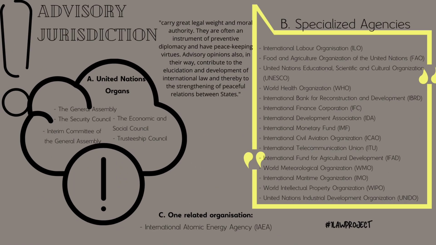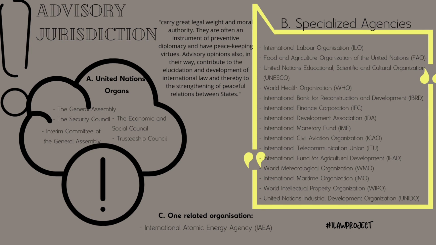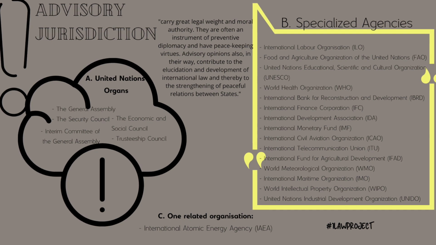We will then address the second function of the ICJ, which is in its advisory jurisdiction. The advisory jurisdiction of the ICJ is a special procedure available to UN organs and certain international organizations that allow the ICJ to provide opinion on issues that relate to the functioning of these UN organs and organizations.